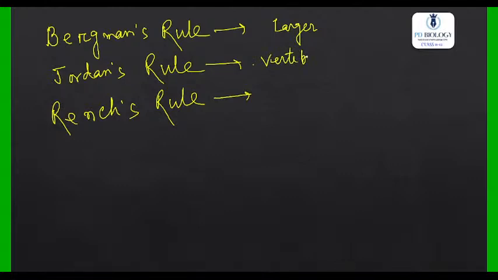That is related with vertebrae. Rain's rule, the birds of colder areas have narrow acuminate wings. So that is related with the bird's wings.